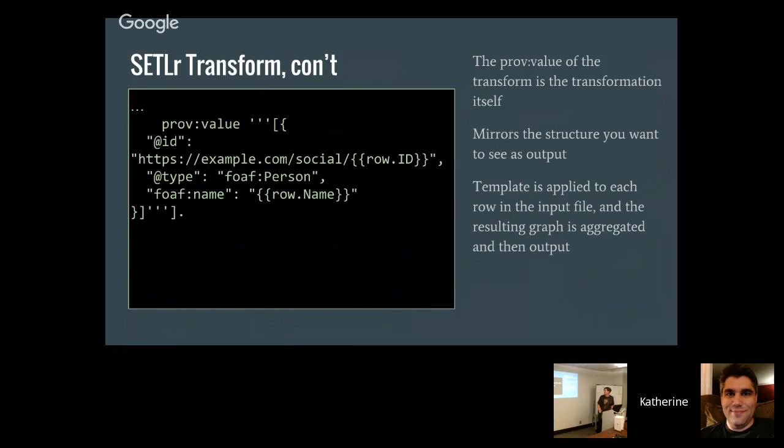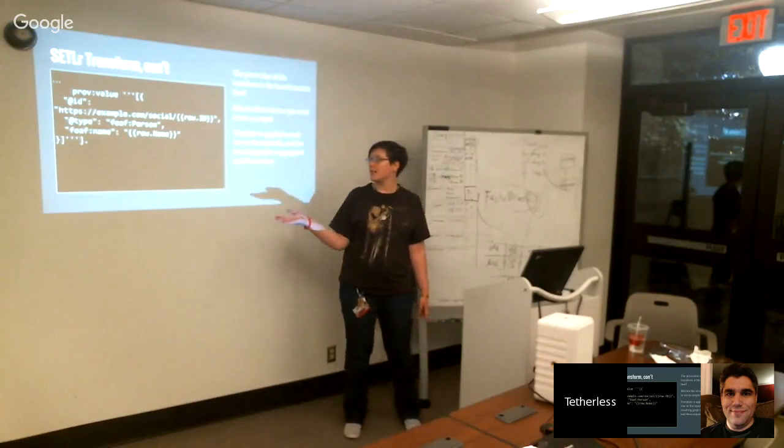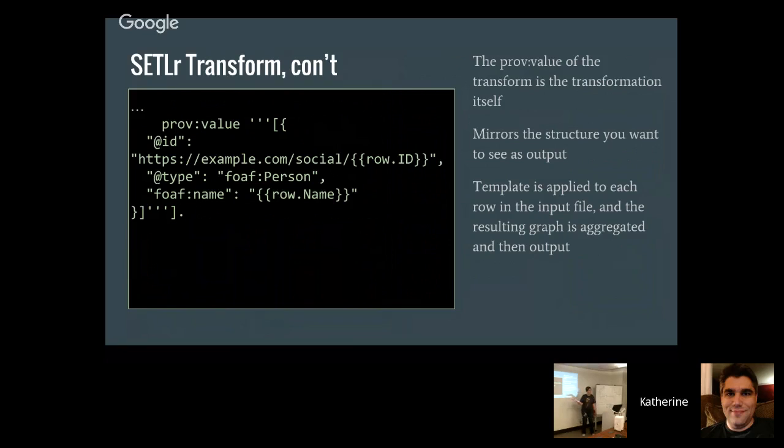When you actually process the table here, the prompt value of the transformation is the transformation itself. So here the ID is you're minting a new URI for each row in the table, and the end part of the URI is the ID column from the row that you're processing. In this example, you give it a type of foaf:Person, you can template that if you'd like. And we have a foaf:name that's from the name column from the row.